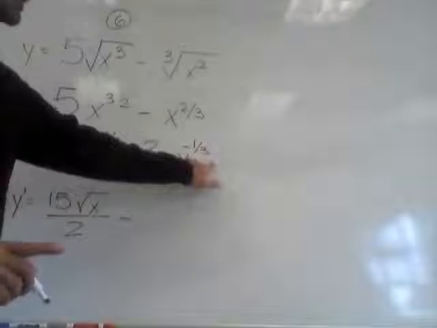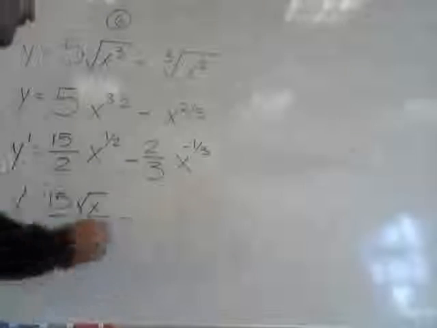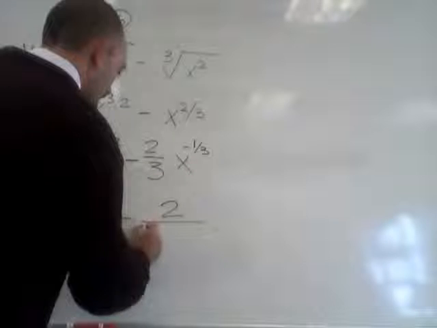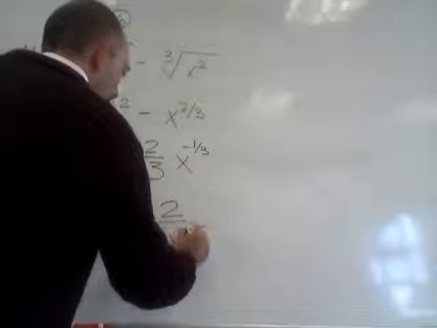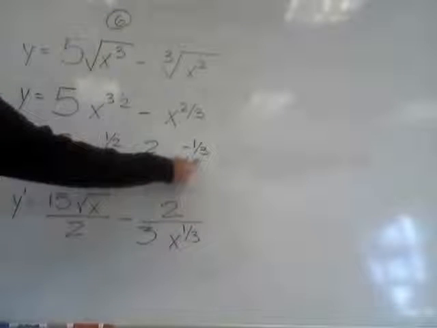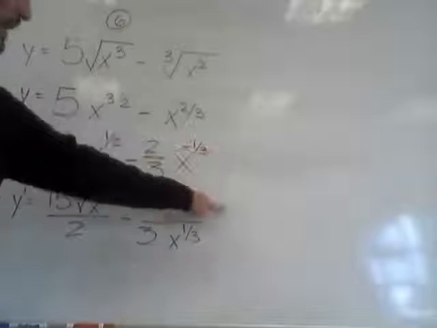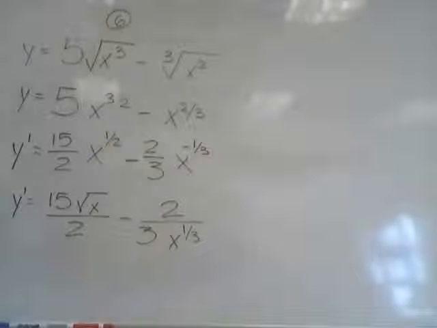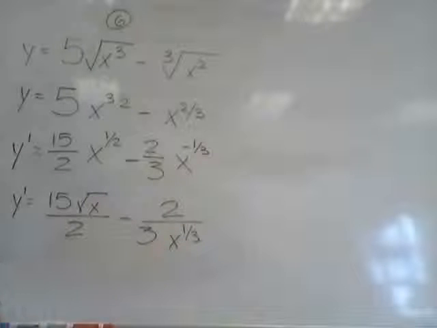I need to turn this into positive. So to do that, I'm going to move it to the bottom. So I'll have 2, this 3 right here, x to the 1/3. See? I made this negative into a positive power just by moving it as a denominator. Okay? Now I can make this as well as a root.